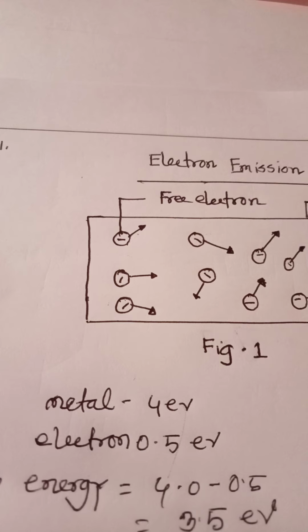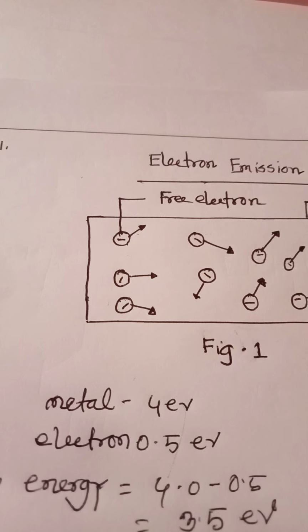This external energy may come from a variety of sources such as heat energy, electrical field, light energy, or kinetic energy of electric charges bombarding the metal surface. Accordingly, there are four principal methods of obtaining electron emission from the surface of a metal.